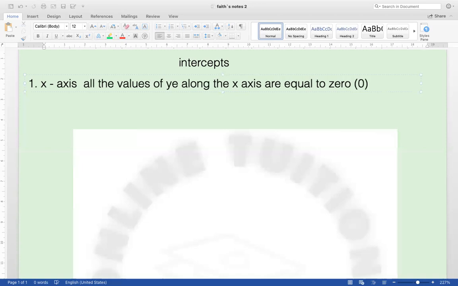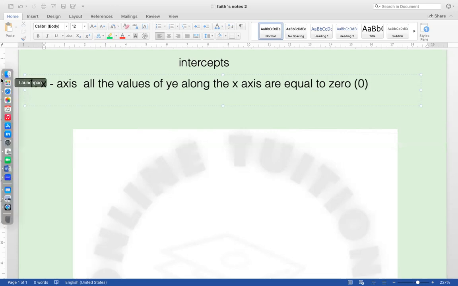Meaning, whenever you are given a function, whenever you are given a graph, and that graph is drawn or not drawn, and let's say, for instance, it is drawn, and then they ask you to find the values of x, or the coordinates of 2 points that are along the x-axis.